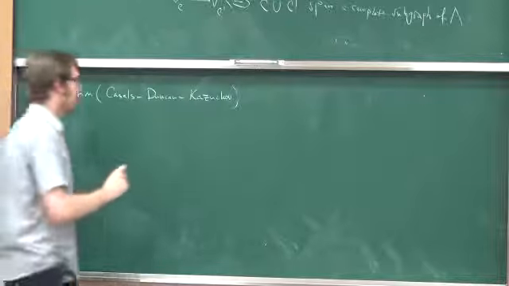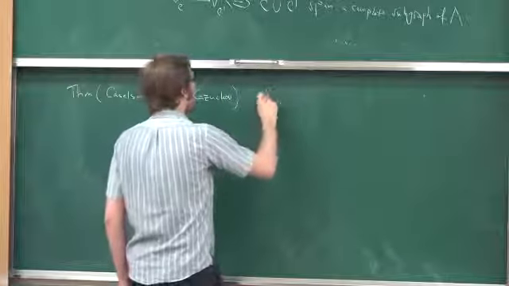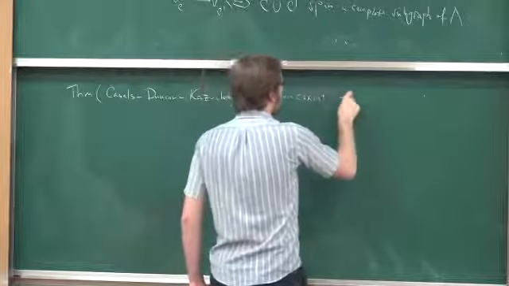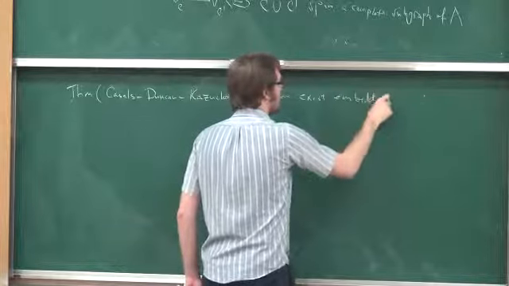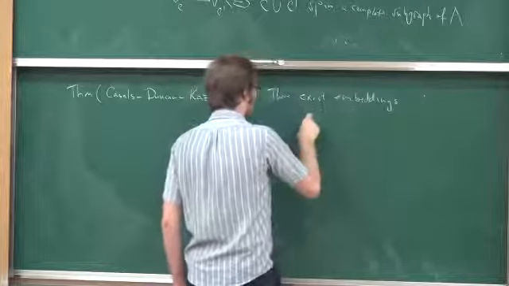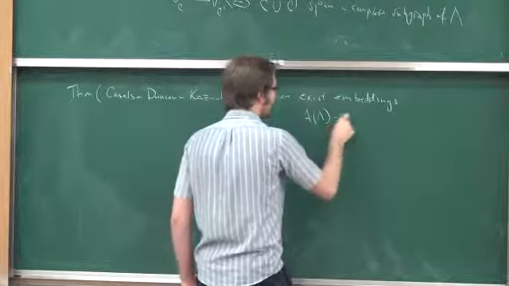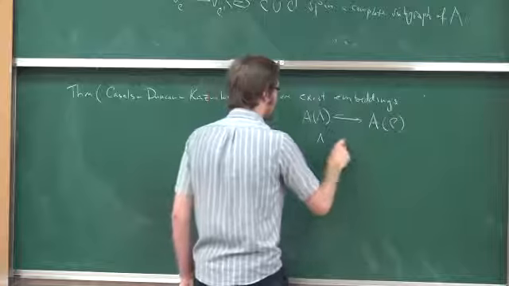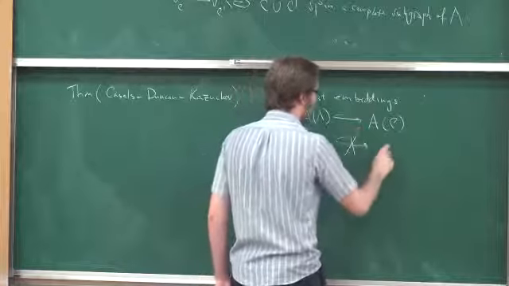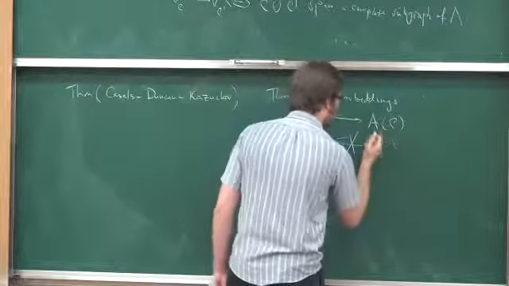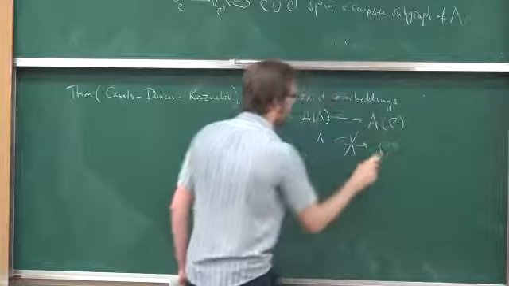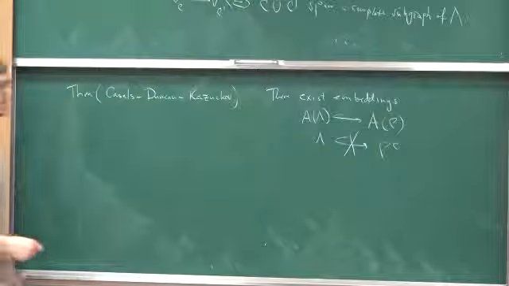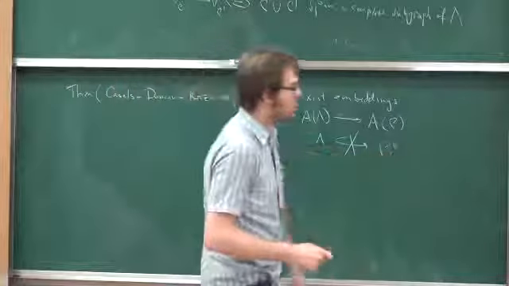So it says that there exist embeddings of right-angled Artin groups A of lambda into A of gamma such that lambda does not embed in any way in gamma E. So this is the strongest that you could possibly hope for.